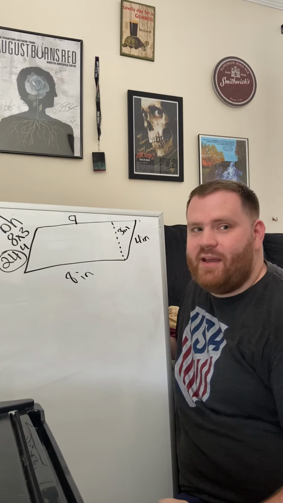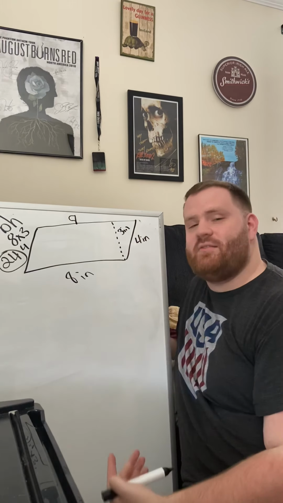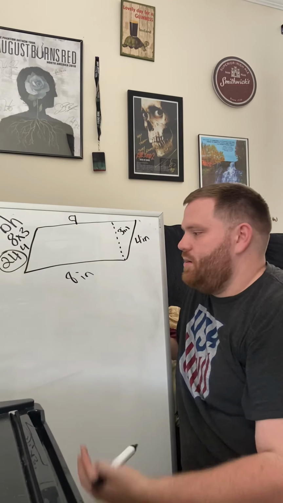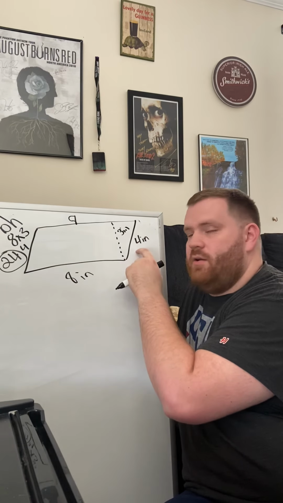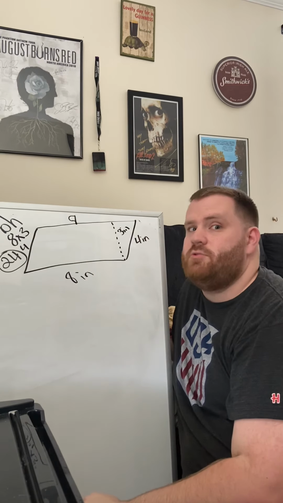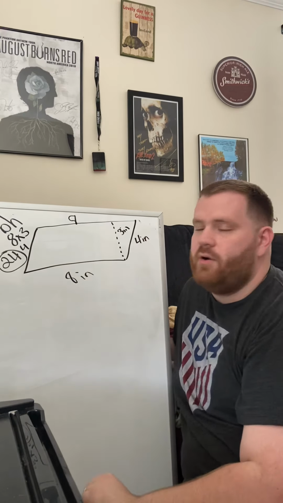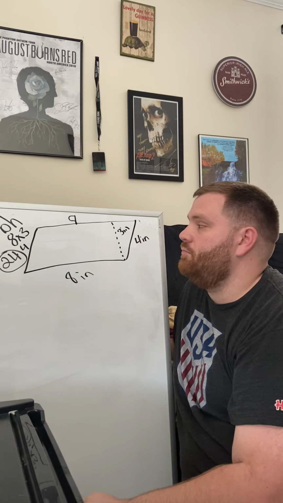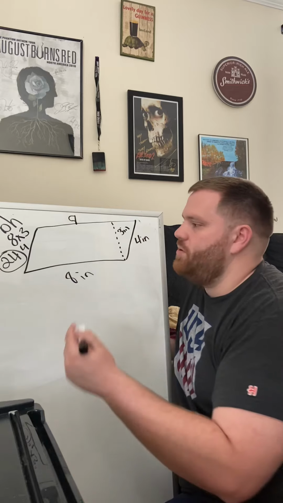It's on the inside. Remember, perimeter is the measurement of the outside. So I only need to count the outside here. I have 8 plus 4, 12, plus 8, 20, plus 4, 24. Perimeter is 24.